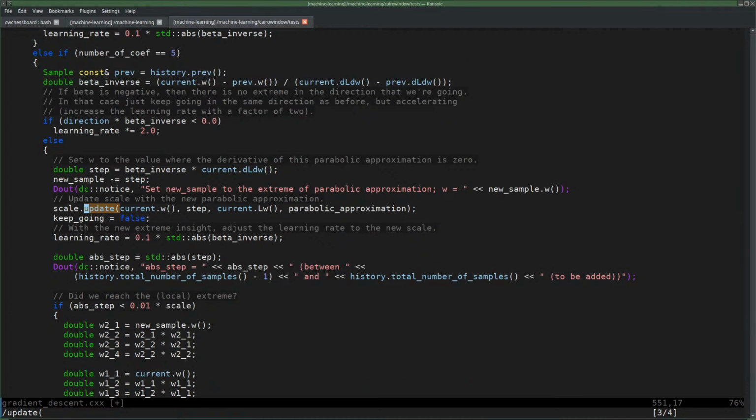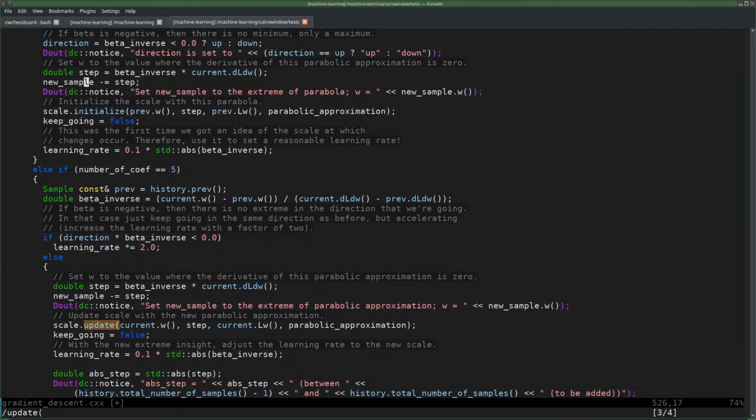Update. See, I'm passing current here. I think I should pass previous, just like I did with the initialize. Let's try that.